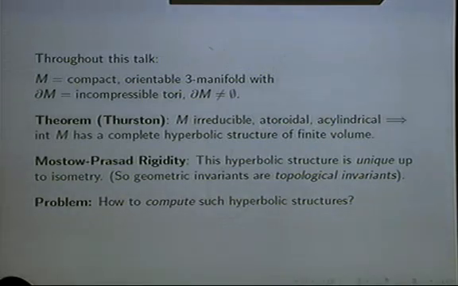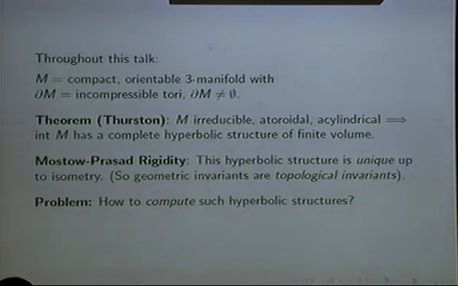Atoroidal means there are no incompressible tori in the manifold, so there's no torus whose fundamental group injects into the manifold. Acylindrical means there are no essential annuli or cylinders in the manifold.